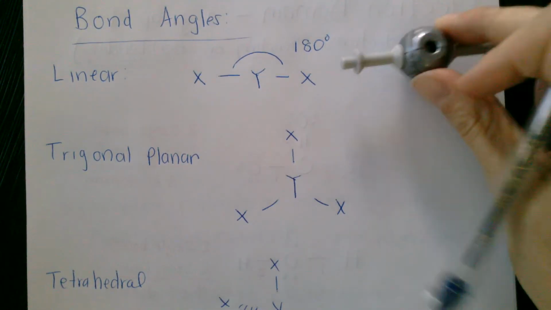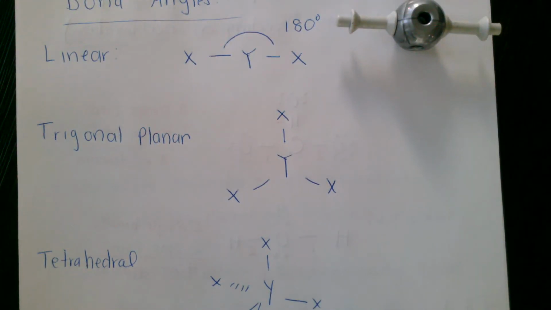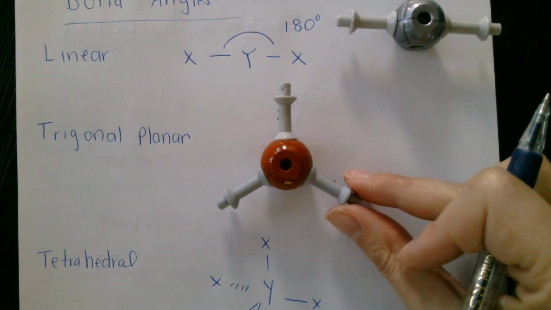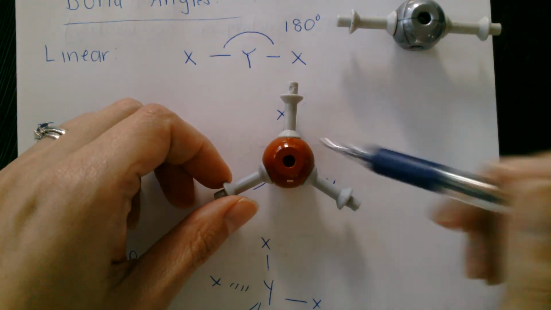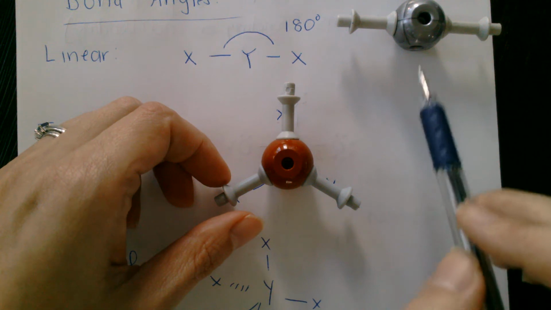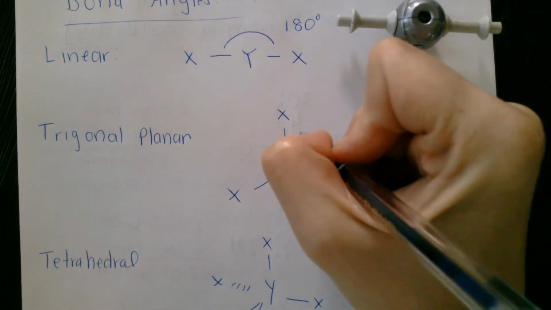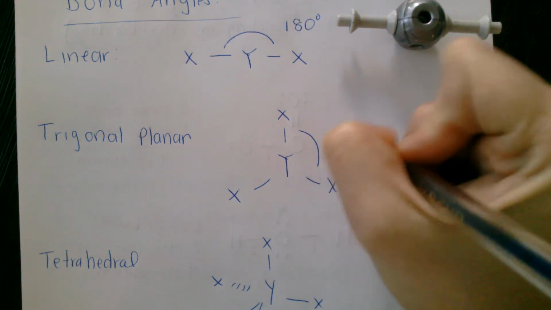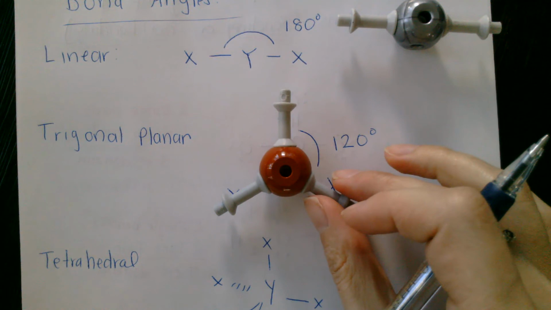Next we have trigonal planar, just as I've drawn it there. Your central atom, and now if we add another electron group here, we spread them out even further to get 120 degrees.